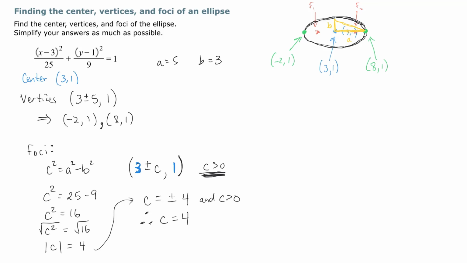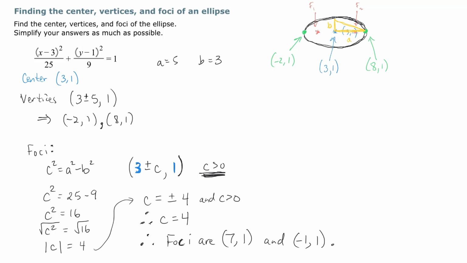We can now find our foci. The foci are 7, 1 and negative 1, 1.